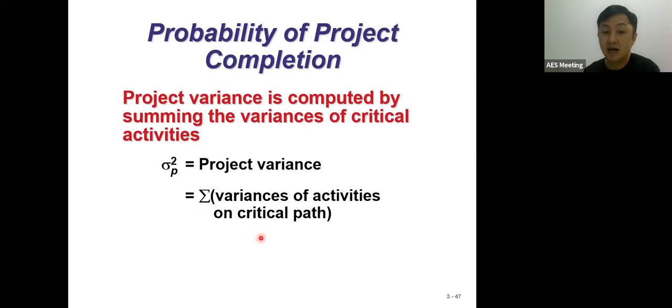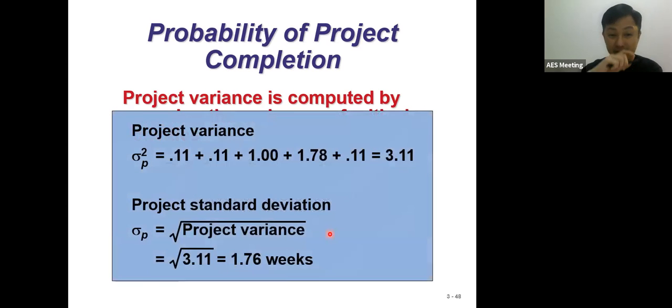Remember, we are only looking at activities on the critical path, in other words the critical activities and their variances. Now, how many activities do we have here? We have activities A, C, E, G, and H.